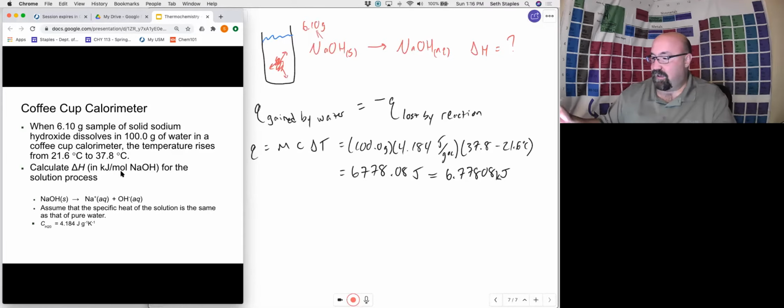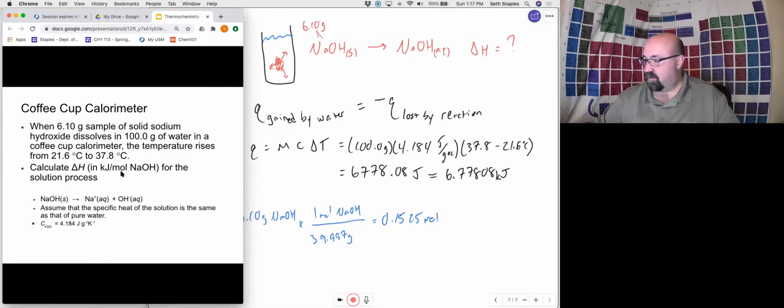So we're just going to take our 6.10 grams of NaOH, use our molar mass of NaOH to find that we have 0.1525 moles of NaOH.